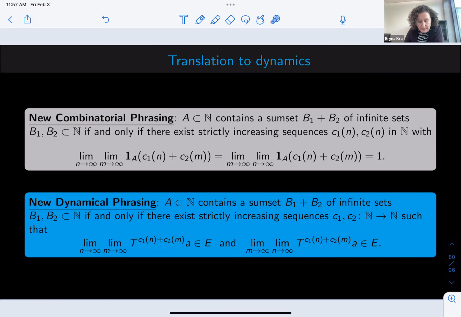And there were two limits. One is the limit as m goes to infinity and then n goes to infinity. And this one is the opposite: the limit as n goes to infinity and then m going to infinity. They should both lie inside the set E. So going through correspondence, this gives me a new dynamical phrasing, i.e. a new statement that I need to prove dynamically.